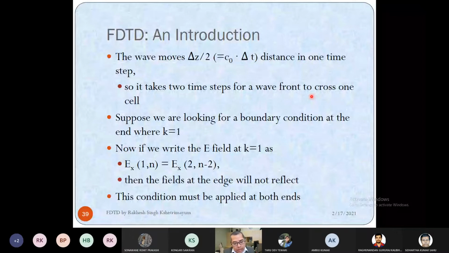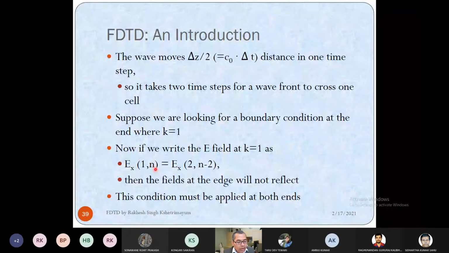And let's say there are two boundaries. Let's say the running index k is going from 1 to capital N, one boundary is at k equal to 1 and one boundary is at k equal to capital N. So let's consider the left side boundary where we have k equal to 1, and the electric field at k equal to 1 at one particular instant of time is Ex[1, n]. 1 means we are at k equal to 1, n is the nth time instant.